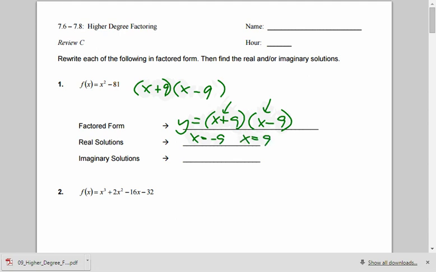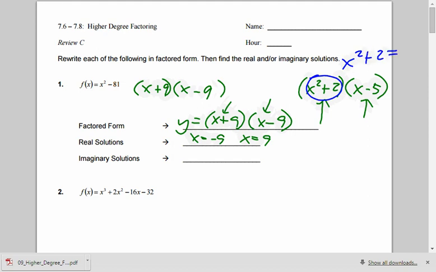And the last thing is the imaginaries. There aren't any. How would I know if there were imaginaries? If you had something like this, for instance, that one would have been real, that one would have been imaginary. It's because if you were going to solve it, you'd have to have x squared plus 2 equal to 0, and that's one where you'd have a negative underneath the square root by the time you were done with it.